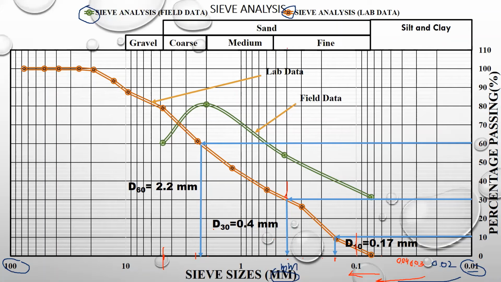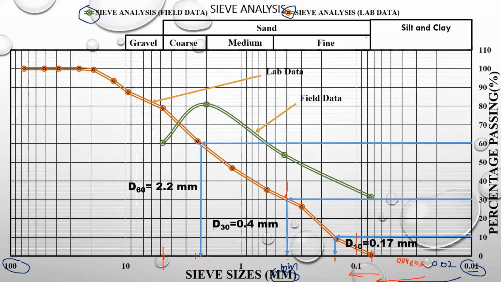Then after that, fine sand, up to here at this line. So you can put it according to the classification of the unified soil classification system.